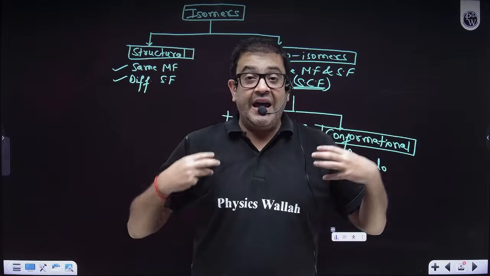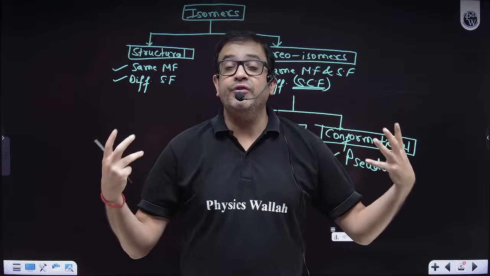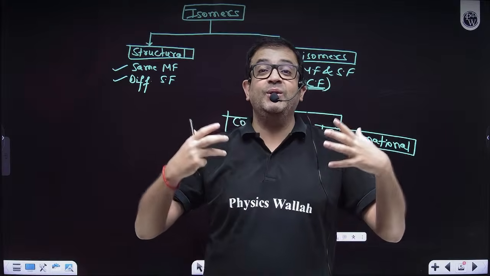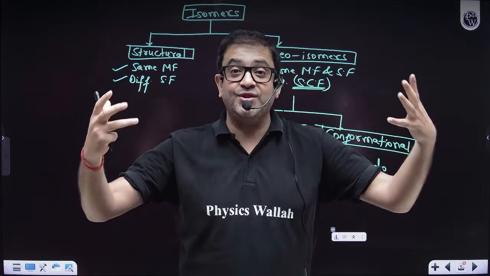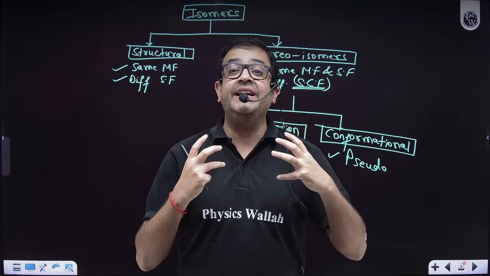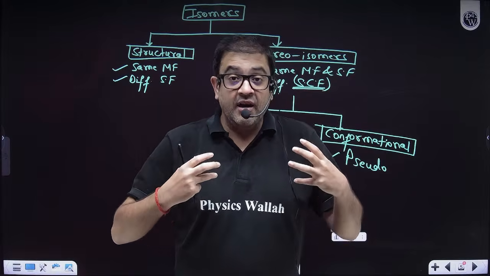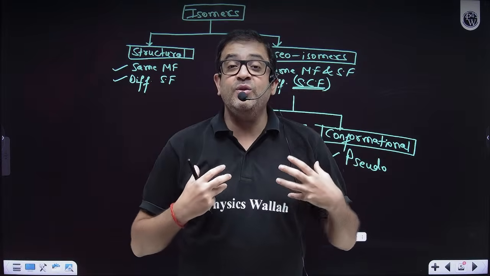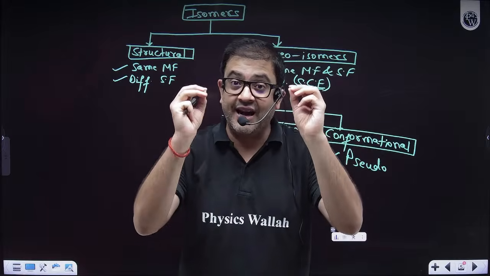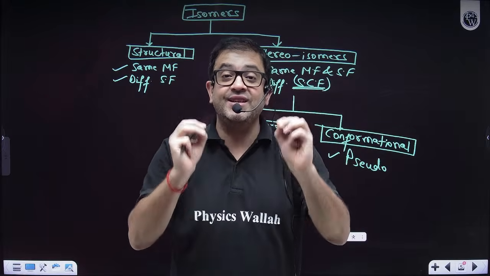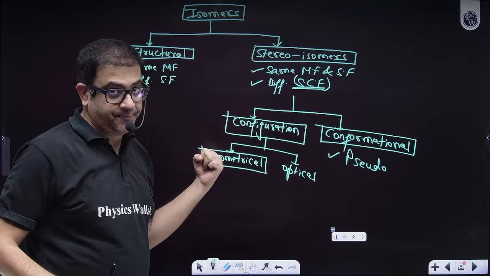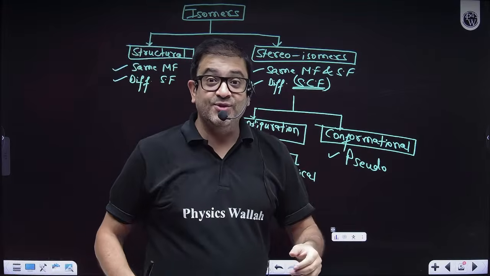If I as a molecule can exist in two different three-dimensional orientations, then I need to have a center which can enable me to show those orientations in three-dimensional space. That restricted rotation center is termed a geometrical stereo center. Sir, what are the examples of geometrical stereo center?